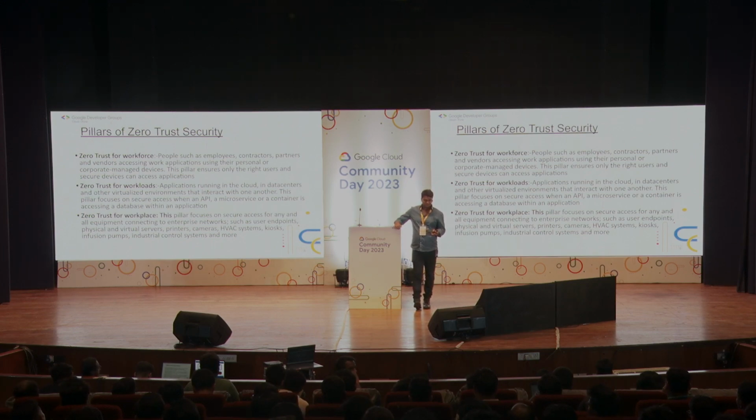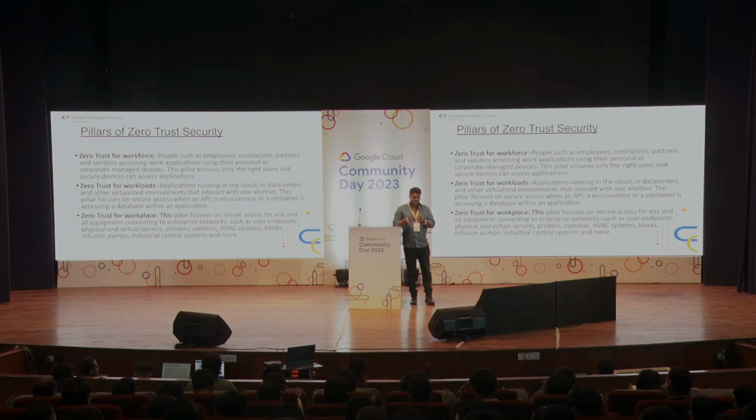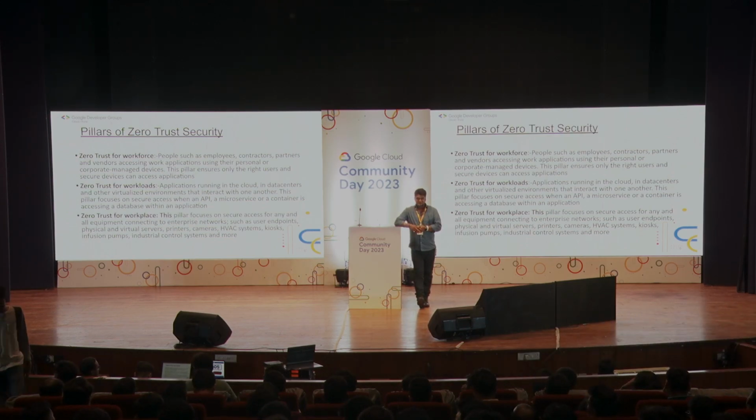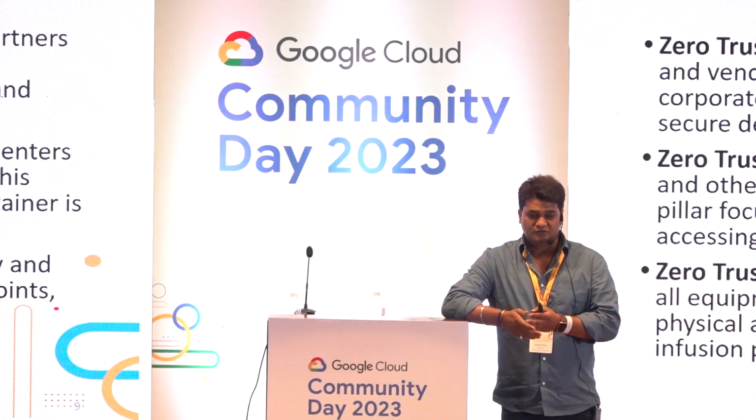This is another definition of zero trust. We segregate it into what are known as pillars. We divide zero trust into three pillars. First one is the workforce. Workforce is like us: employees, contractors, and everyone who is part of the organization.